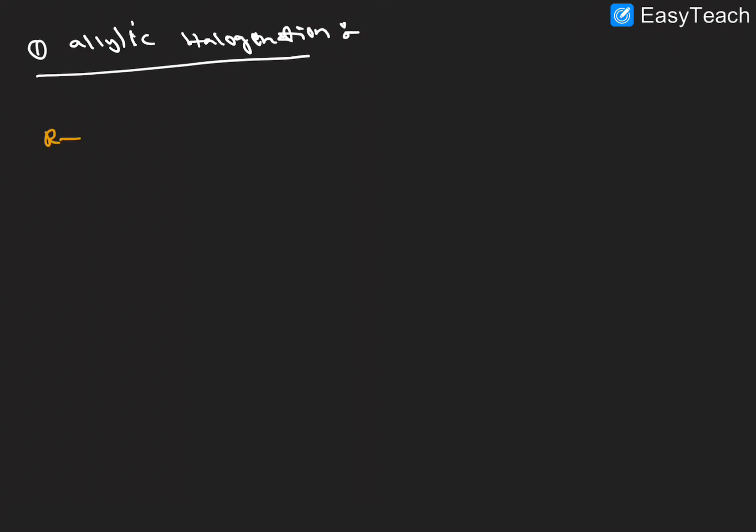Right, so I take the allylic carbon here, with CH and CH2. This is the alpha carbon, containing an alkyl group and hydrogen. So here we use NCS in the presence of CCl4 and light.